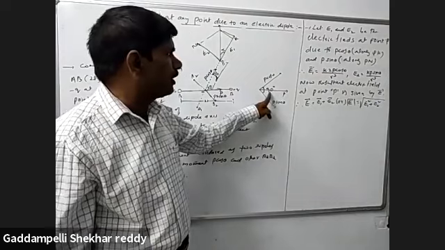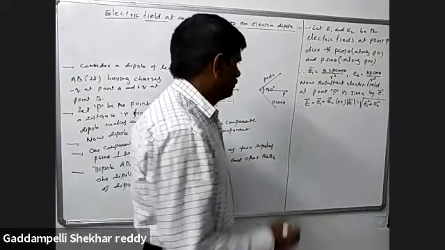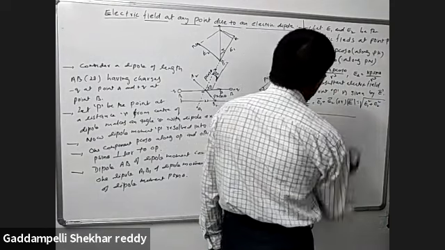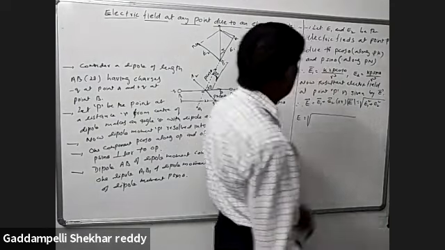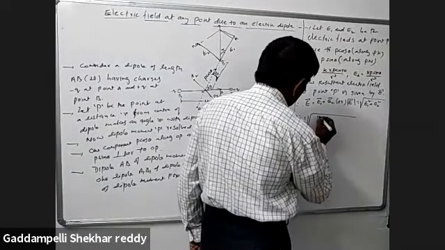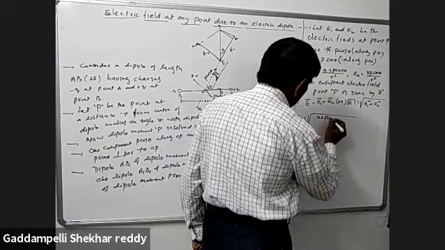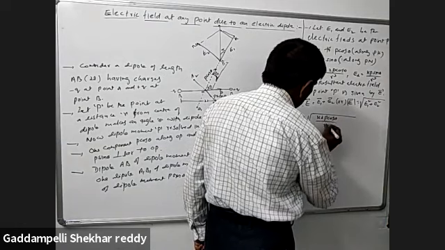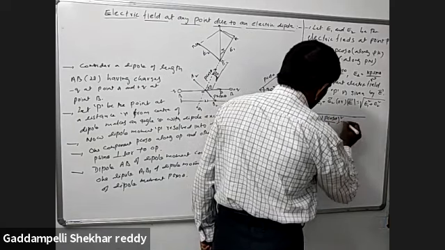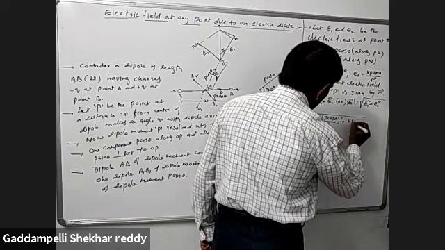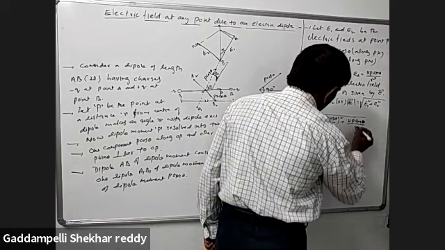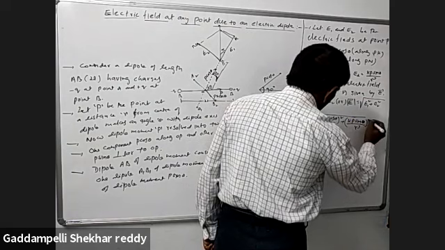But here the angle between them is 90 degrees, so that term cancels. Now E1 is K 2P cos theta by R cube, whole square, plus E2, K P sin theta by R cube, whole square.